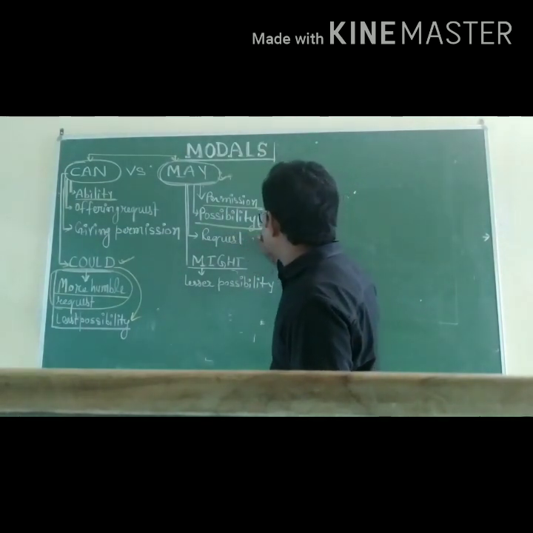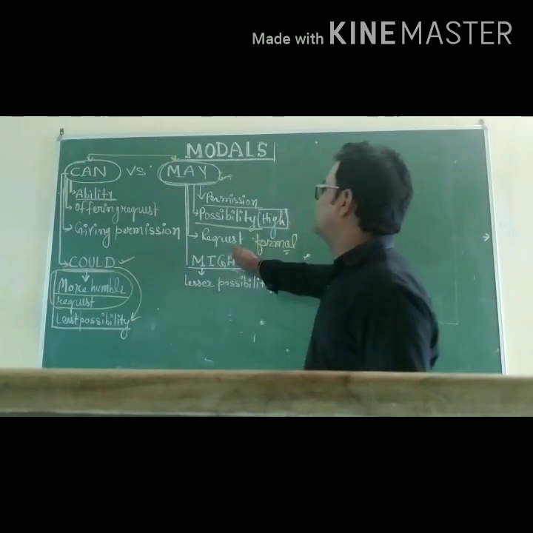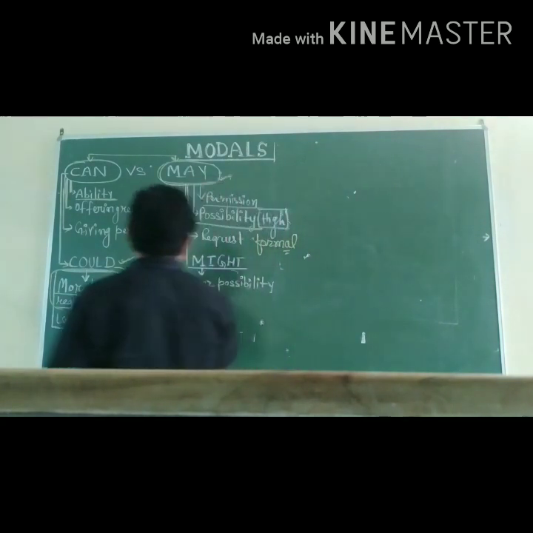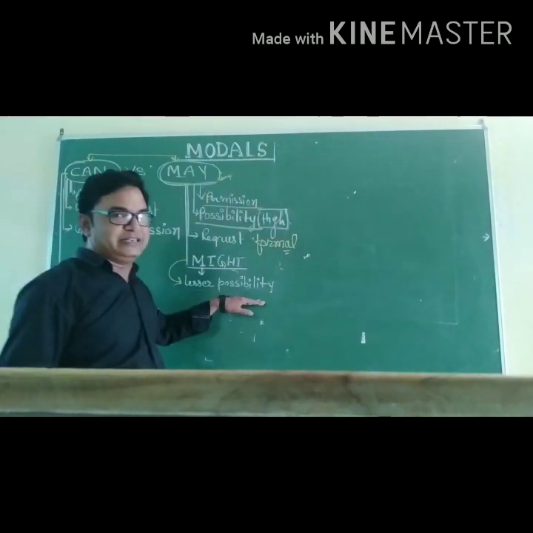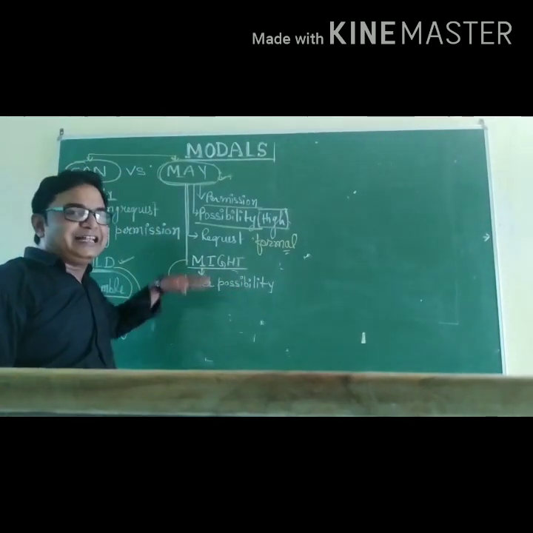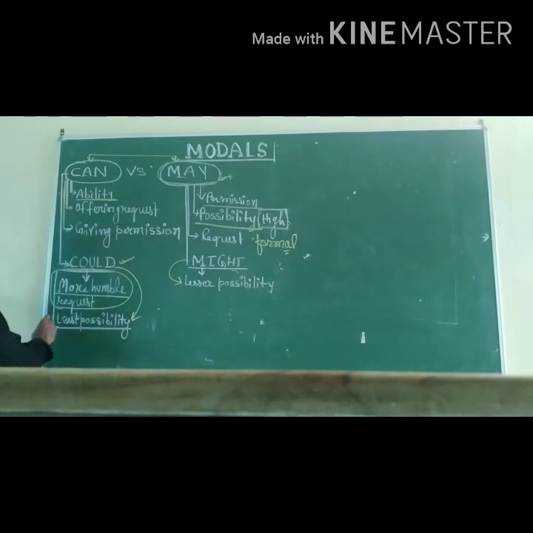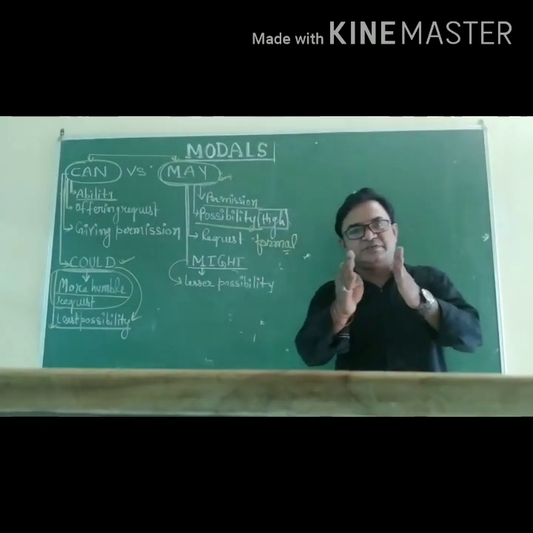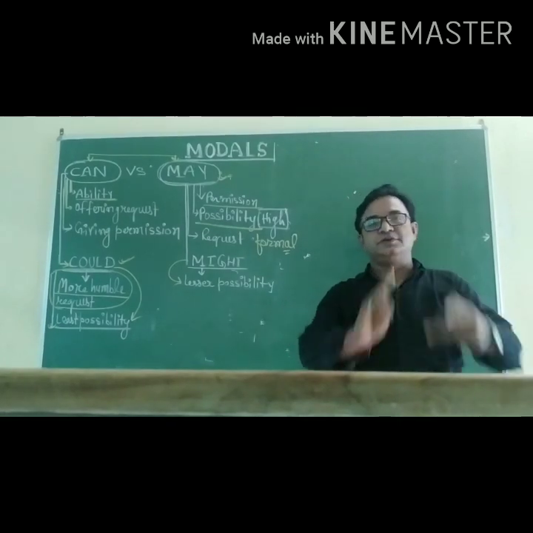For a formal request, we use may. And might is used for lesser possibility. But when the chances are lesser than lesser, that means least, we use could. I hope you easily understand the differences between may and might, and can and could.